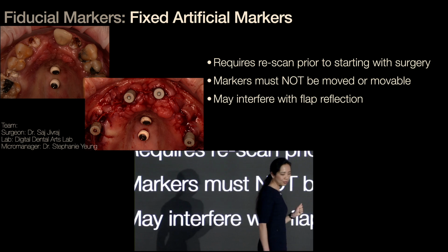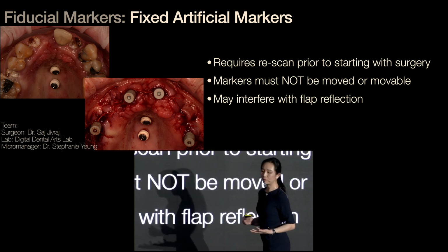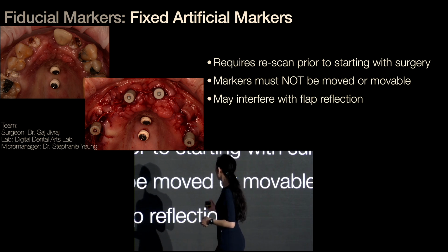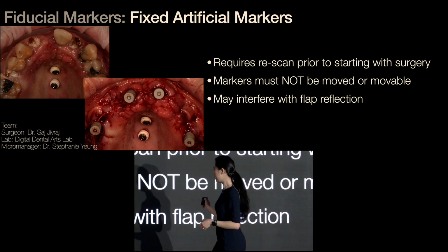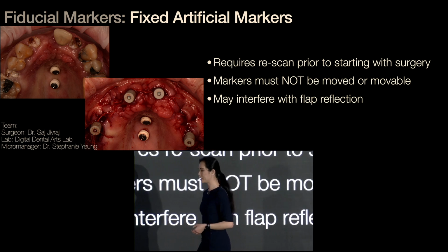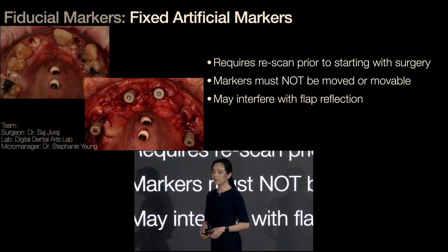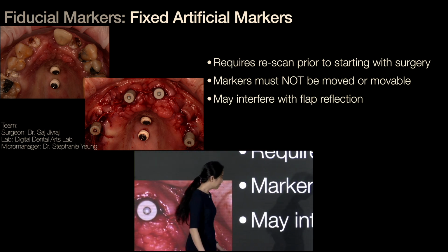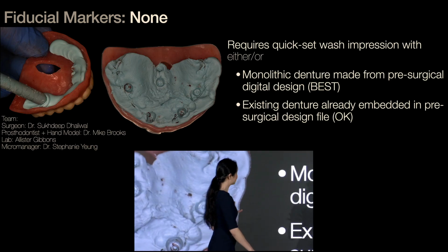With fixed artificial markers, it requires a rescan prior to starting, again. Markers might not be movable, and they may also interfere with the flap. So you have a zygoma patient, and for whatever reason, you need to reflect the palatal flap more. That might change your outcomes.